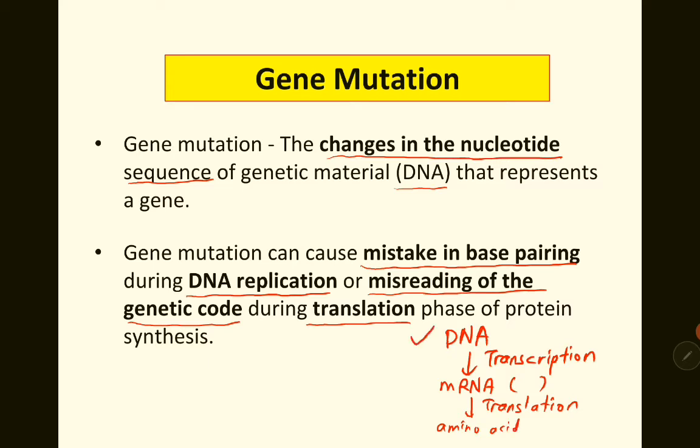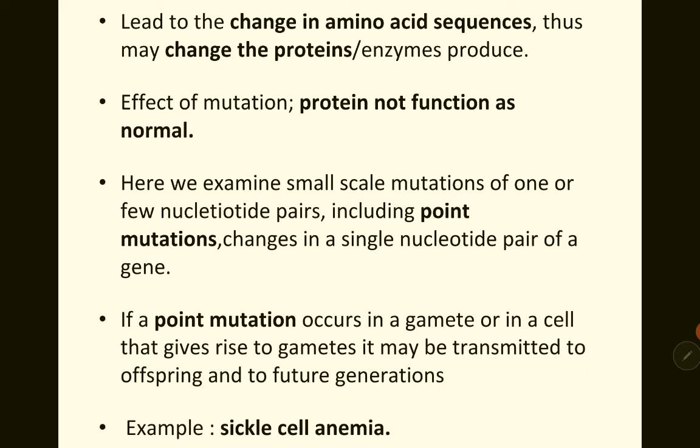So when DNA is affected, mRNA is affected, amino acid also will be affected. It will change the amino acid sequence, thus change the protein. When the protein is changed, the protein does not function as normal.